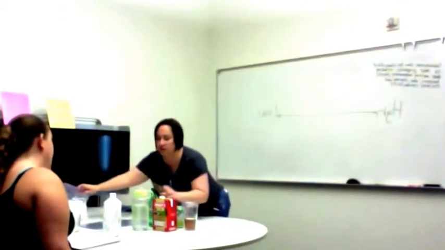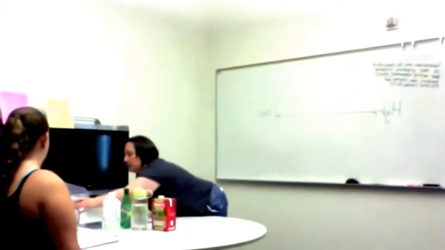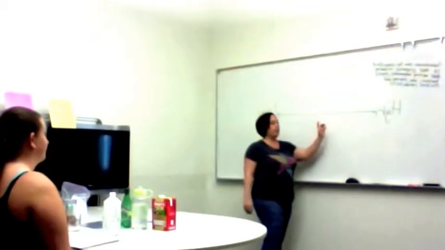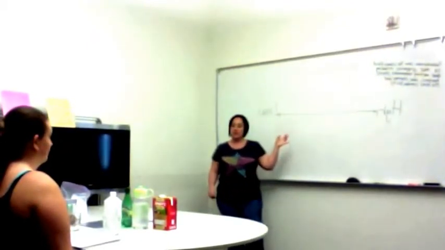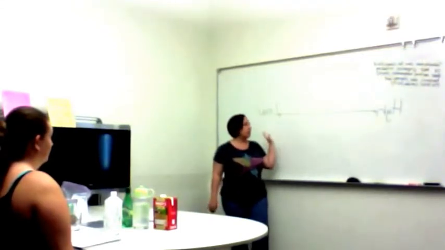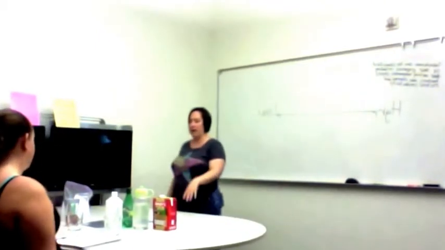And guys, I just want you to play around and see what happens with these. Then we are going to make a gradient from highest to lowest. This is going to be the density of the liquids. We're going to see what happens with the ice, and then you guys are going to tell me where on this gradient you want me to put the liquids. Okay, so let's just play around and see what happens.